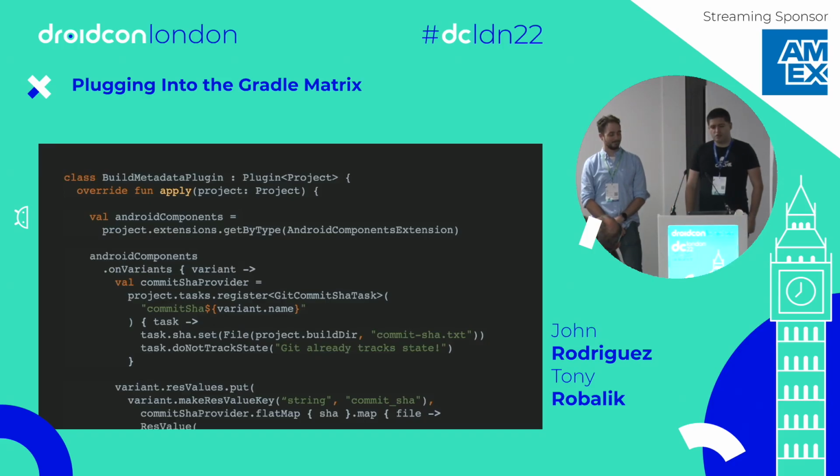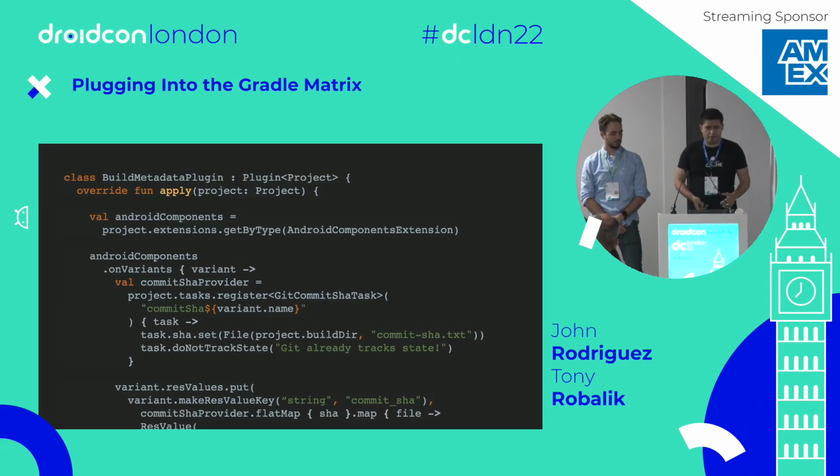And then you realize that you were probably slowing down your builds because it was being configured all these times, and AGP at the time didn't really have a way to pass dynamic values to your build config, in your manifest or in your build.gradles, in a way that was lazily deferred. You pretty much had to call Git in an I/O process, block your build, get the data, and then publish it for something that you didn't need all the time. You really only needed it when you were building your APK, right? Because you only see the Git SHA in your debug drawer, not when you're running unit tests.